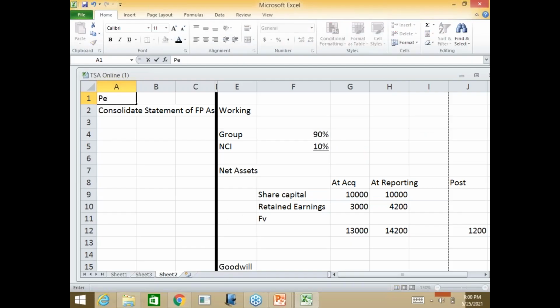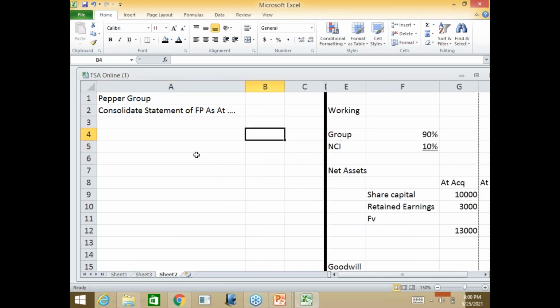Then you need to show the name, Pepper Group, then currency unit, and the precision level is important with respect to examination.